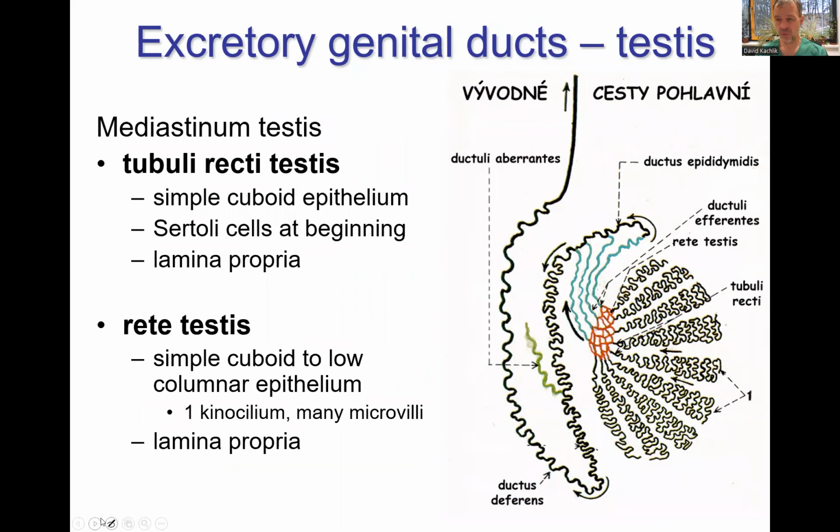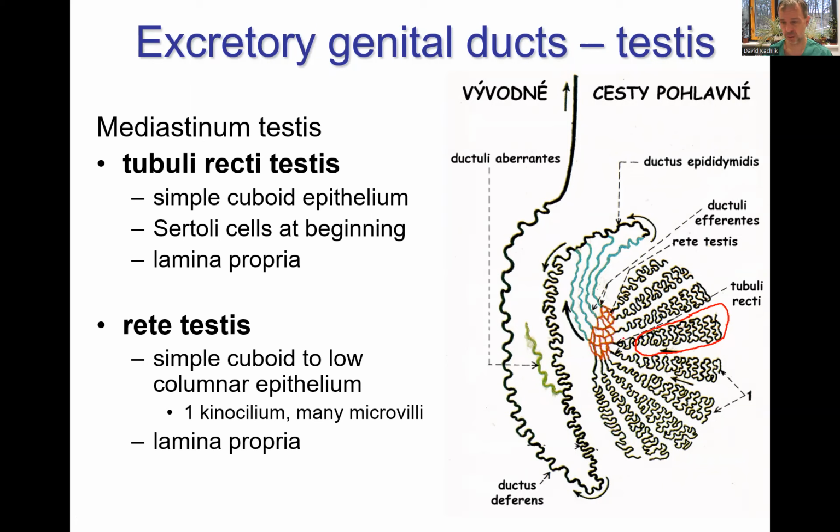So now we can move the sperms outside the body. They have been produced in convoluted seminiferous tubules, and they are slowly moved by production of the testicular fluid and by contraction of the myoid cells.